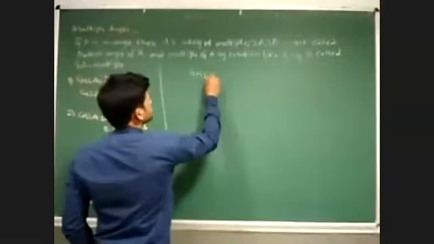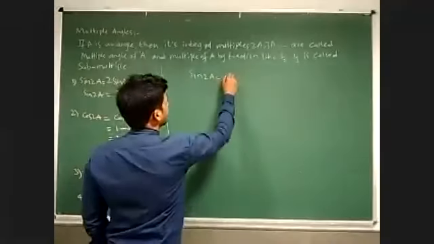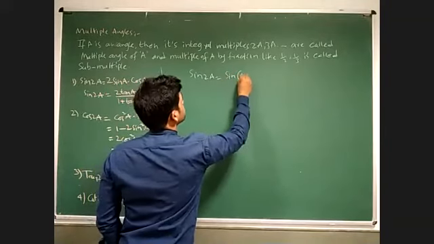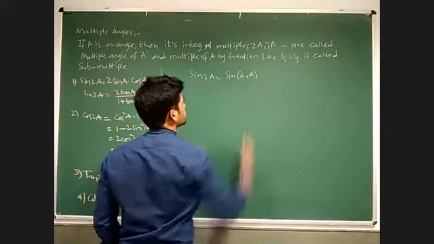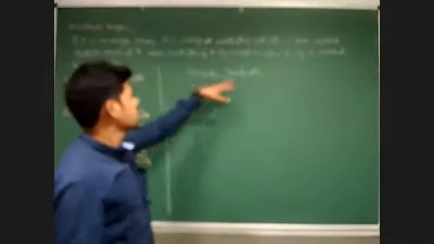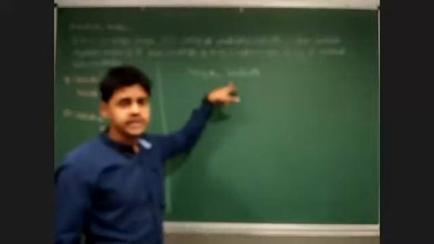Suppose we have sine 2A. Okay, so I can write sine of A plus A, right? So A plus A means 2A. Can I use the compound angle formula here?